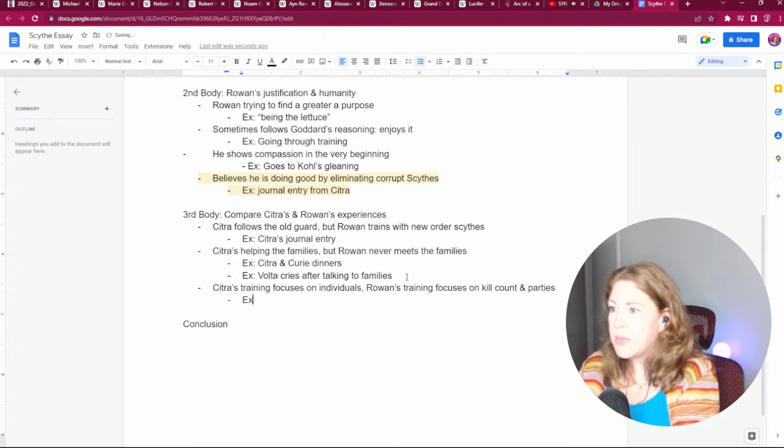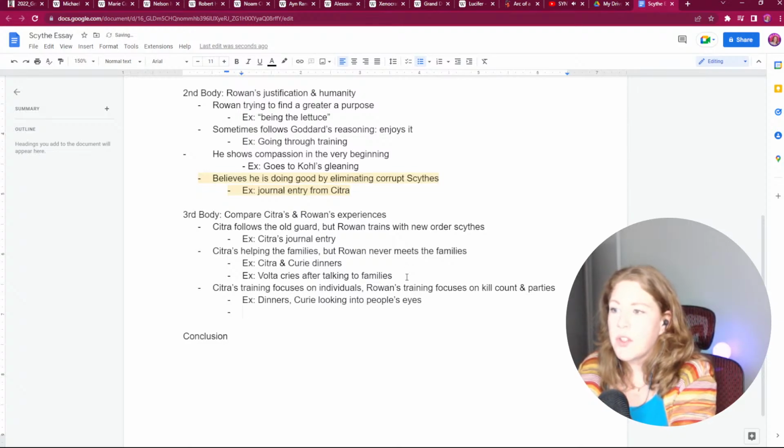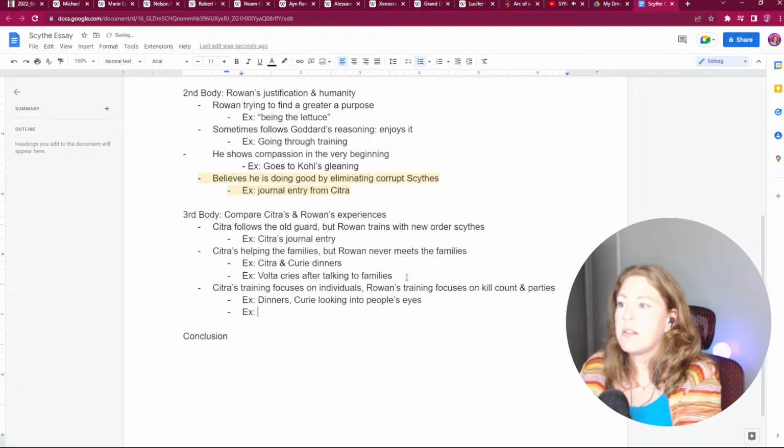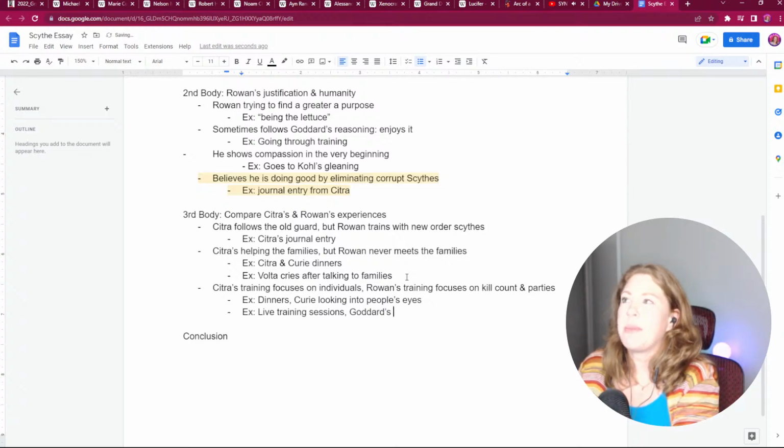In the example with the dinners and with Curie, like, looking into their eyes, that's very personal. It's very individual. Rowan's training, the example of the live training sessions. And Goddard shuns poisons too, right? Like he has a very specific way he wants it to be bloody and just, you know, awful.